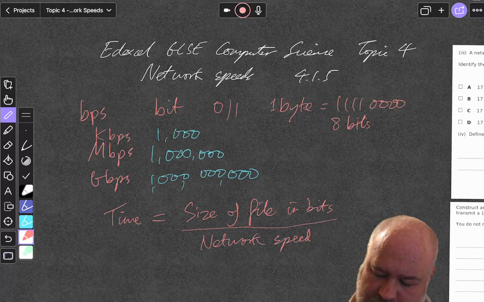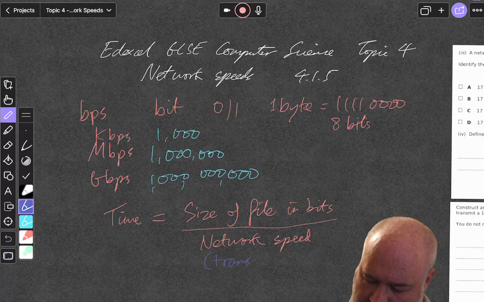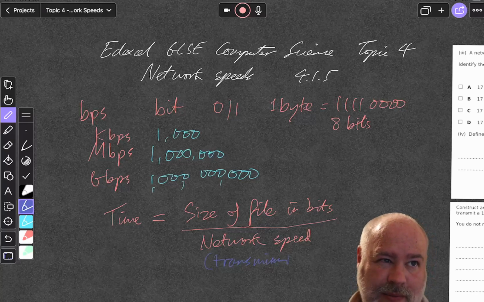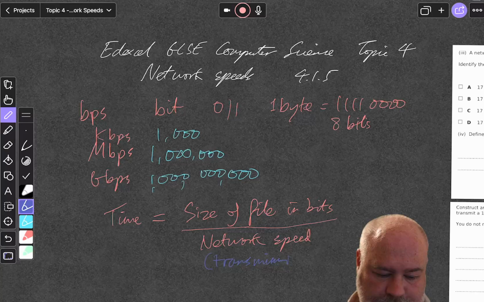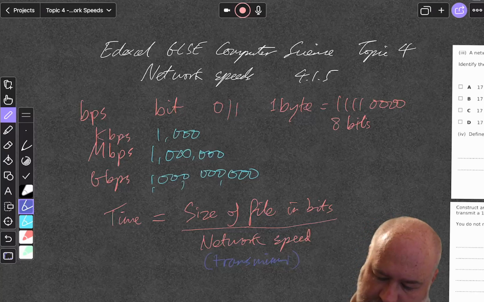And they might call that transmission rate. Okay, so I'll put in here transmission. They might use that.